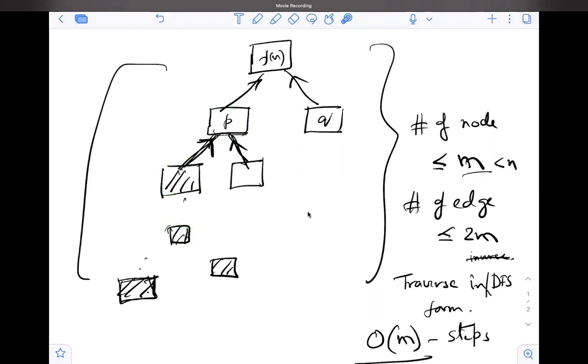Do it in any topological order you want, such that if there is an edge from this to this, then this must be done before this. That's exactly topological sorting. There can be many topological sorts, by the way. We just told you that you can achieve one topological sort using DFS.